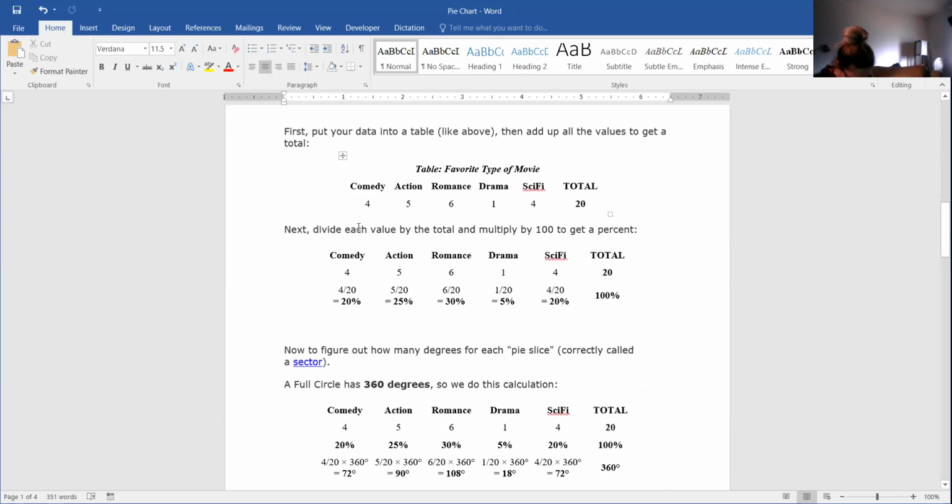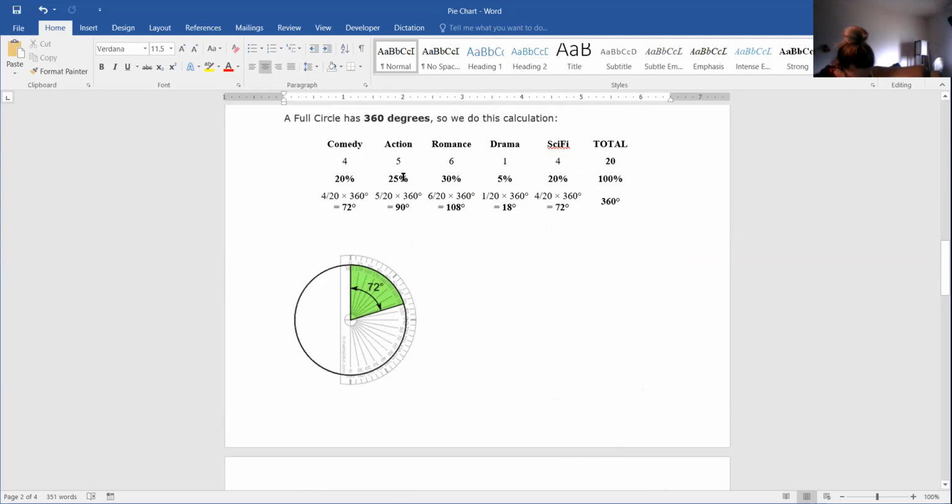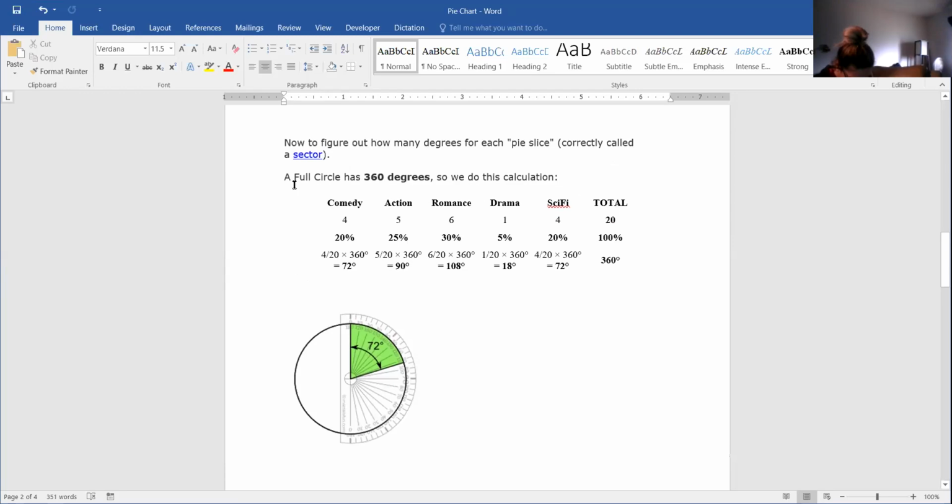So there's lots of ways to make them. We can think about these things. One of them is, we can do this the hard way. We can calculate our percentages, and remembering that a full circle has 360 degrees, we can use that as a way to calculate them. 20% of a data set would be 0.2 times 360, 72 degrees.